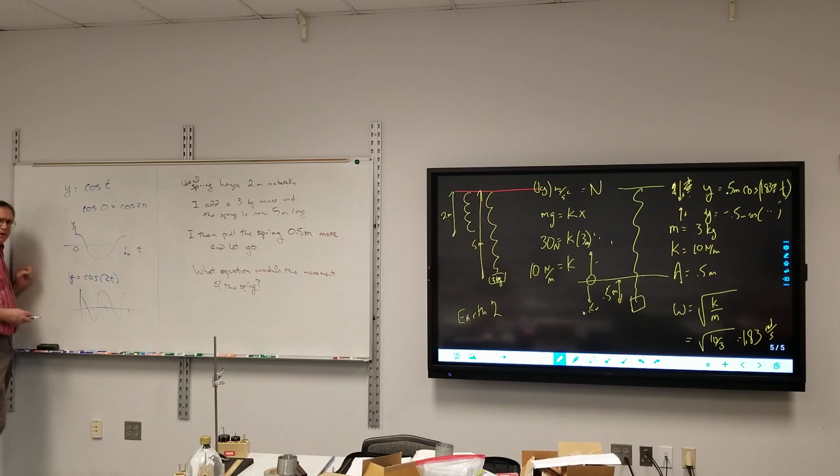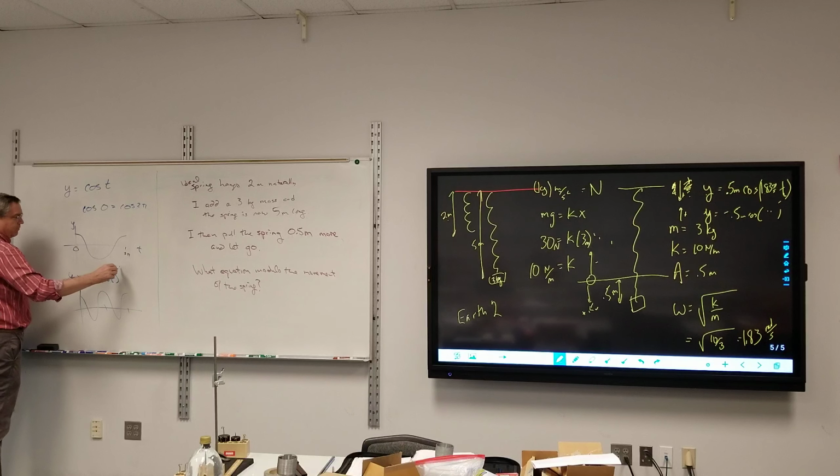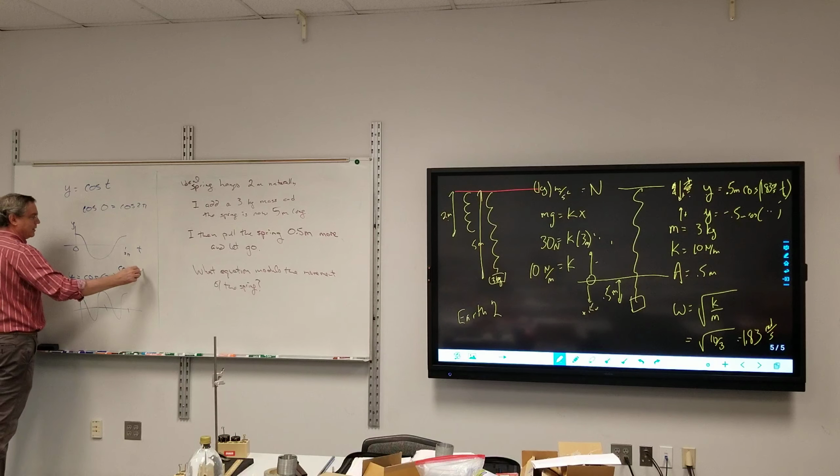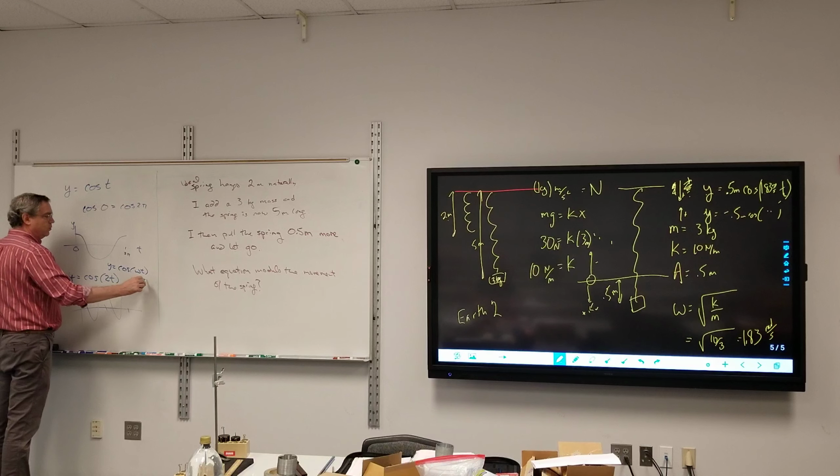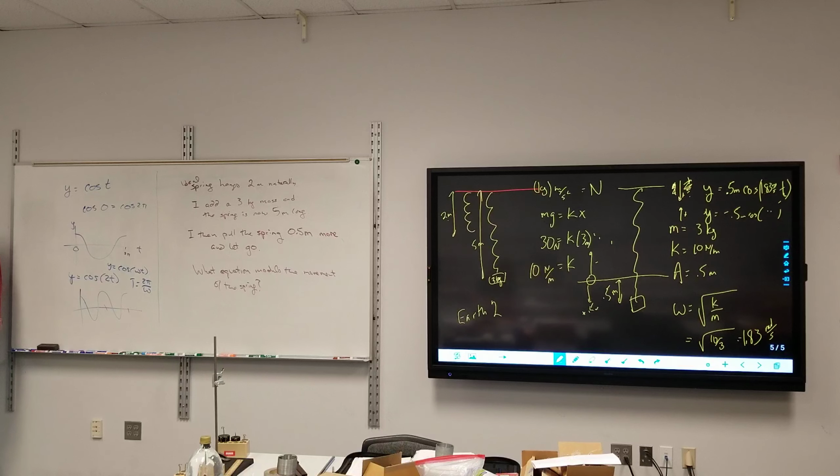If I did 3t, now it's going 3 times faster, so the period gets cut by a third. In essence, if I have cosine of omega t, the period is just 2 pi divided by omega. Whatever the coefficient of t is, 2 pi divided by that gives you the period.